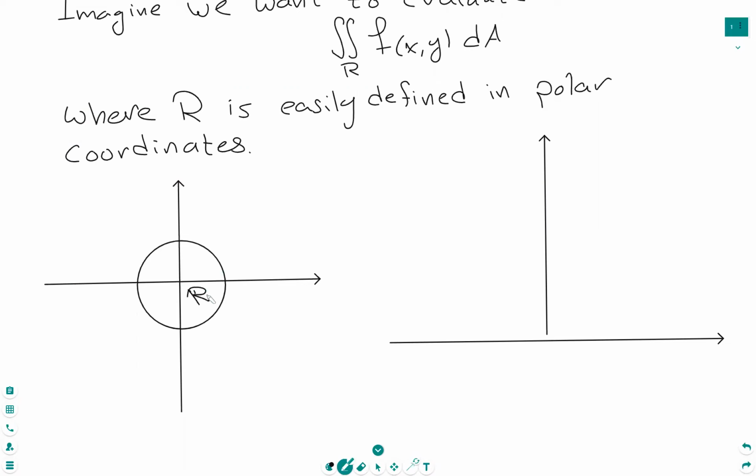So this will be our region R, and maybe it's a unit circle centered at the origin. So we have y squared plus x squared is equal to 1. So that's the boundary there.